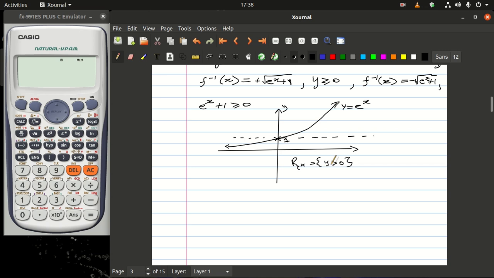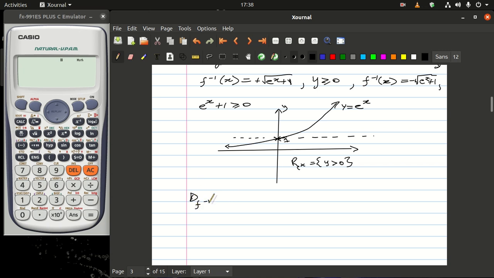So this will always be bigger than 0. A number that is bigger than 0 plus 1, you are always going to get a number that is bigger than or equal to 0. So the thing inside is always going to be positive for all real numbers.